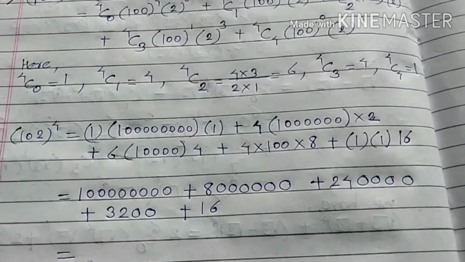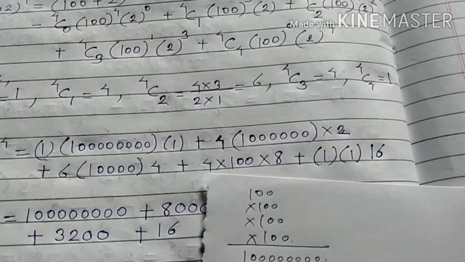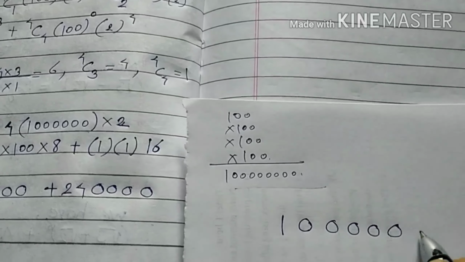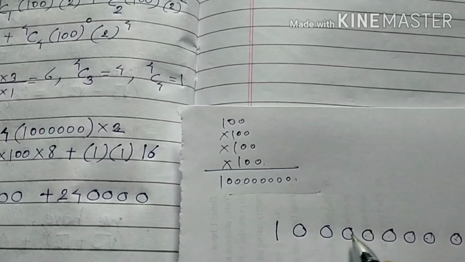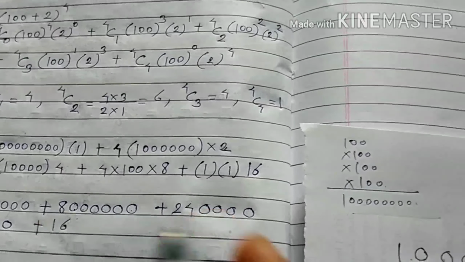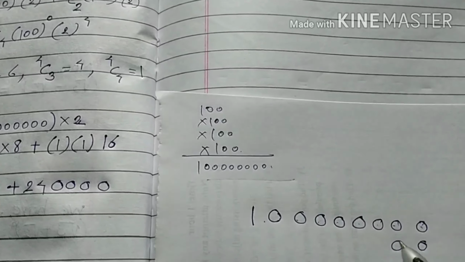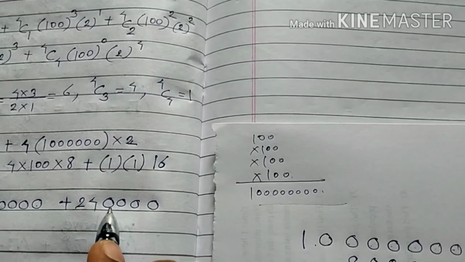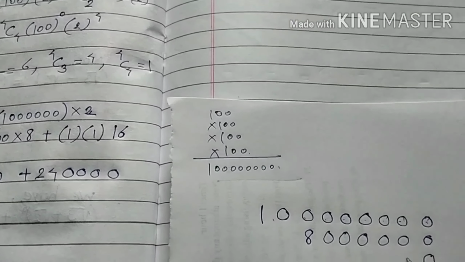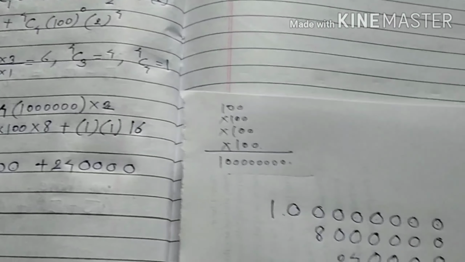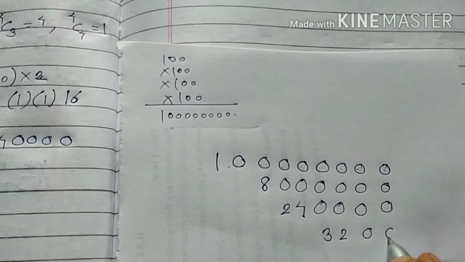So now we have to add the total numbers. So it is 1 followed by 8 zeros, next term 8 with 6 zeros, next 24 with 4 zeros, and it is 24, and the next 3200, and it is 16.